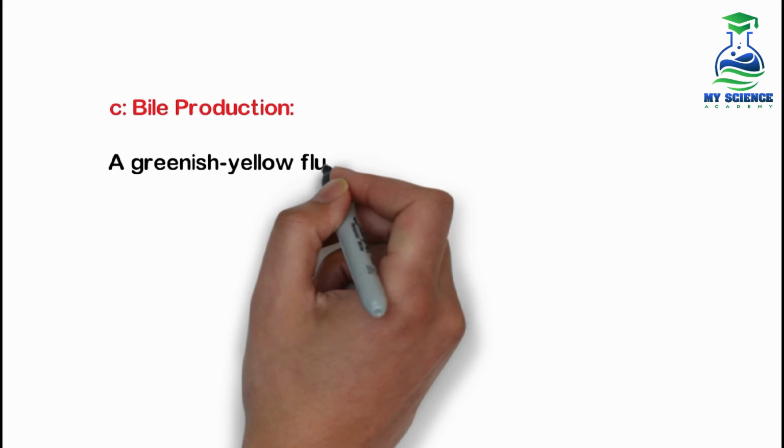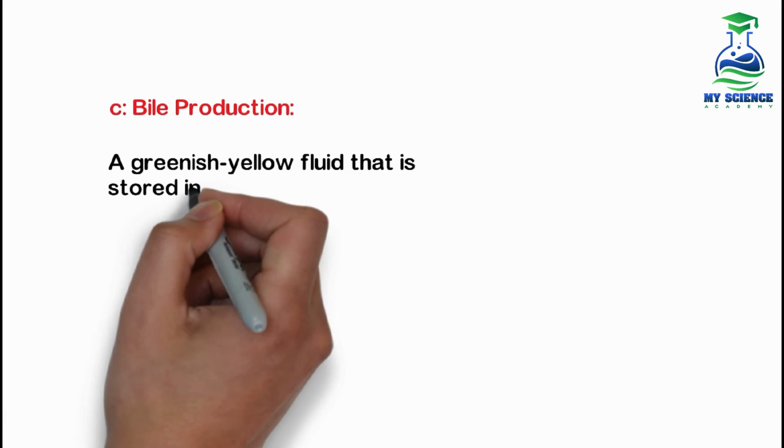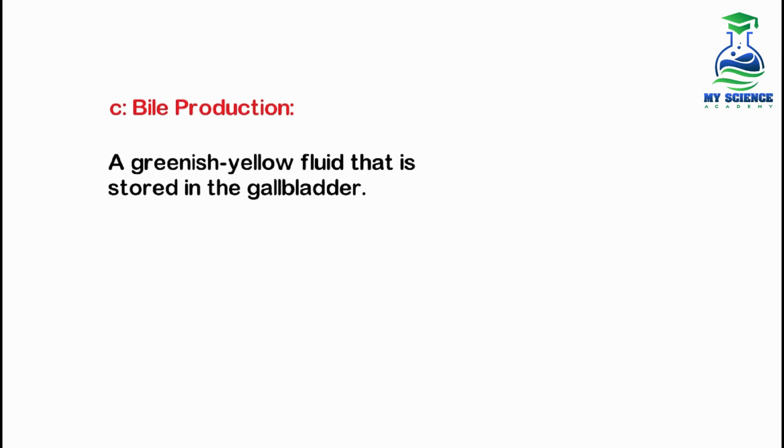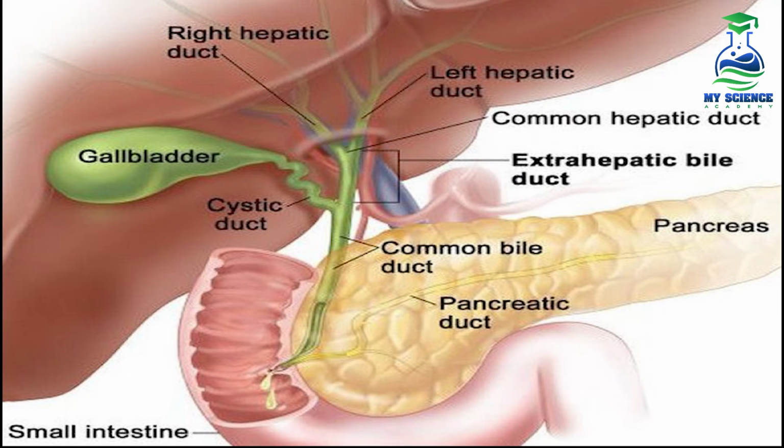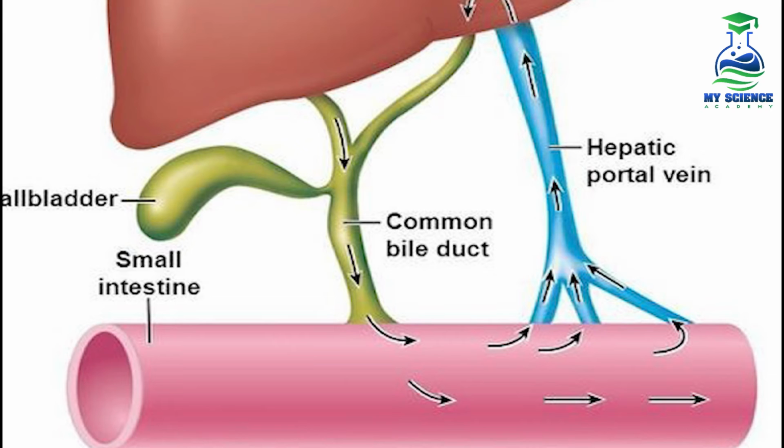Bile is a greenish yellow fluid that is stored in the gallbladder. Here in this diagram, gallbladder can be seen. The liver synthesizes this bile that is stored in the gallbladder, and finally it is secreted into the small intestine.